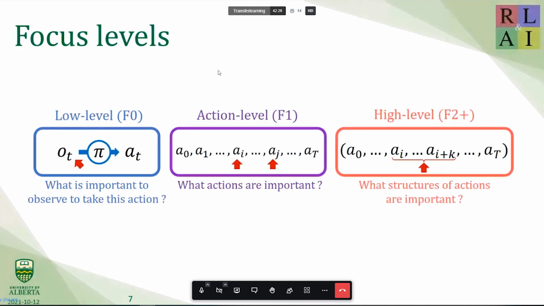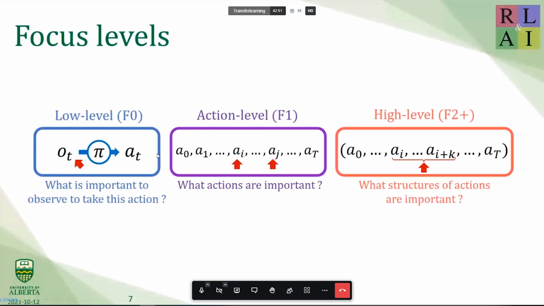The first one is low-level information, which can be translated with the question, what is important to observe to take this action? In fact, if you work on explainability in other domains of AI, everything is always at low level, because you try to explain a single decision at a single time step, given its input.